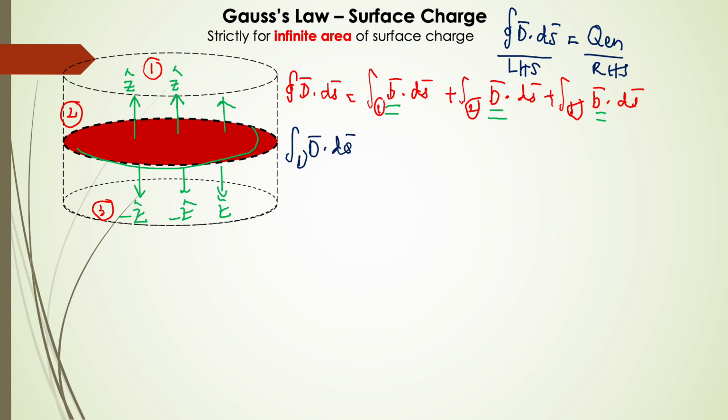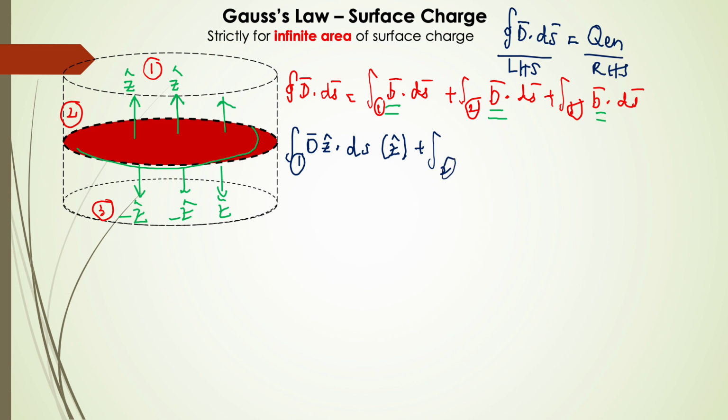D dot dS. For surface number 1, your D will be in z direction, since it is located on the top. Your dS also will be in positive z direction.